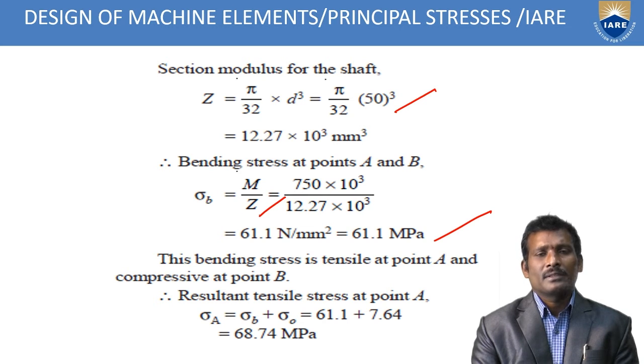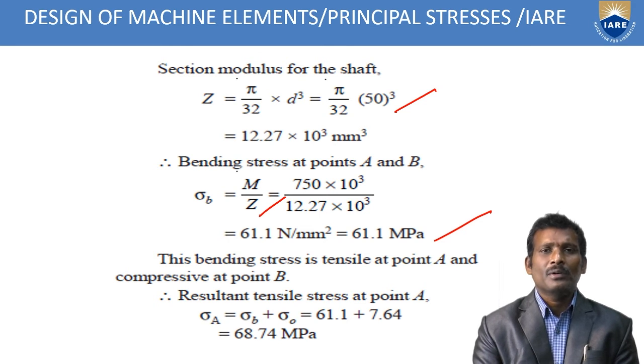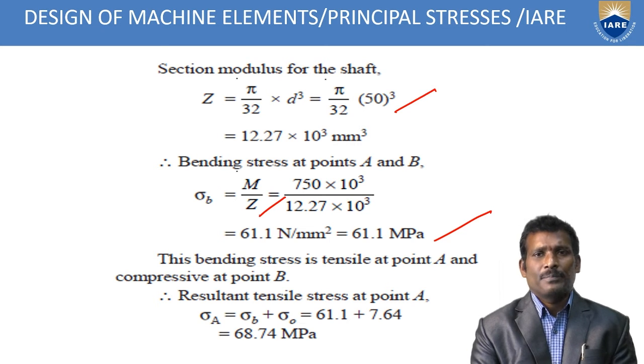At point A, direct tensile stress is acting, and due to the bending load, another bending stress is also acting. The sum of these two stresses will give the resultant tensile stress at point A. Similarly, find out the resultant compressive stress at point B.